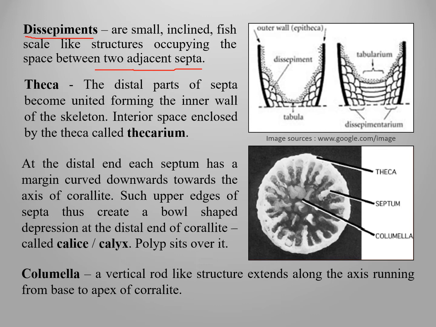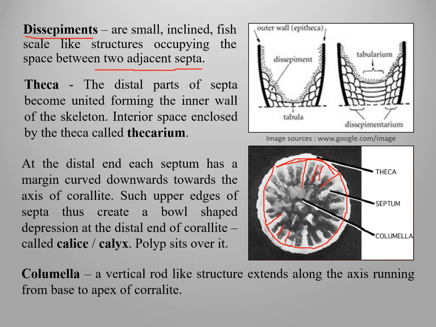The interior space enclosed by the theca is called thecarium. Here you can see these are the septa, and their distal parts become fused and form this circular inner wall. This inner wall is known as theca.